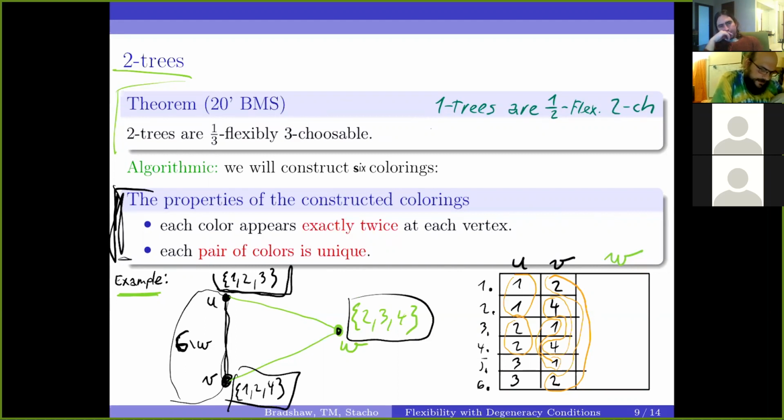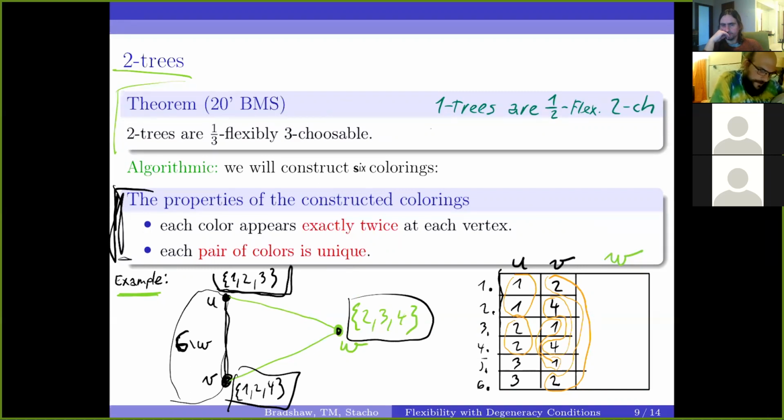And in this table there are those 6 colorings on vertices U and V, and our task is to produce the coloring for vertex W. So this is one particular situation, but let's do it to see how it behaves.